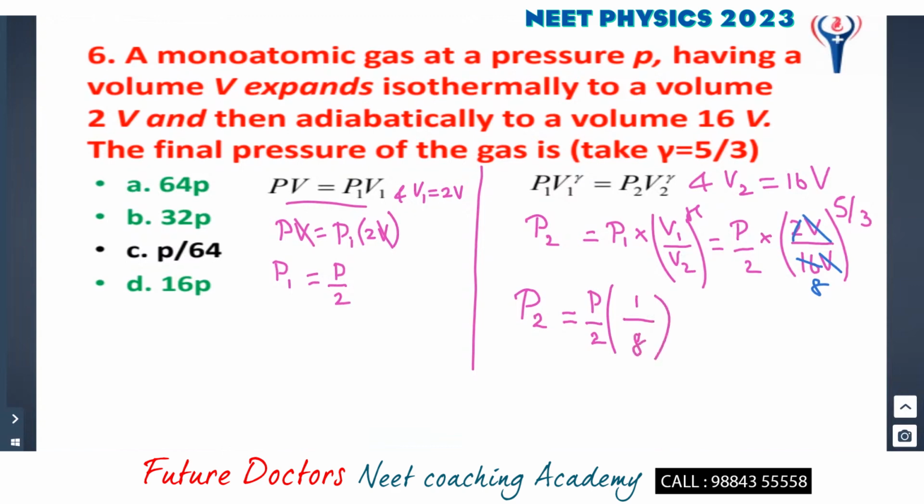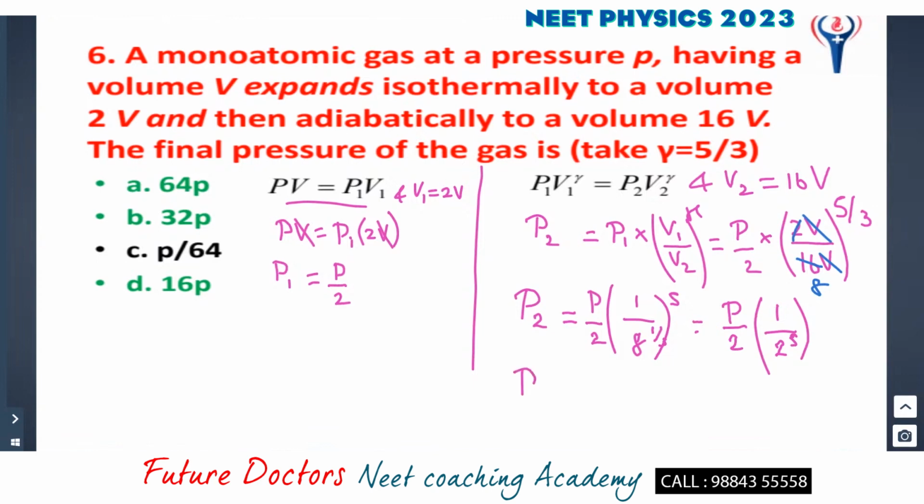We can write it as 1 by 3, bring it inside, so 8 power 1 by 3 in whole power 5. 8 power 1 by 3 is the cube root of 8. What is the cube root of 8? It is 2. Then P by 2 into 1 by 2 power 5. 2 into 2, 4. 4 into 2, 8. 8 into 2, 16. 16 into 2, 32.